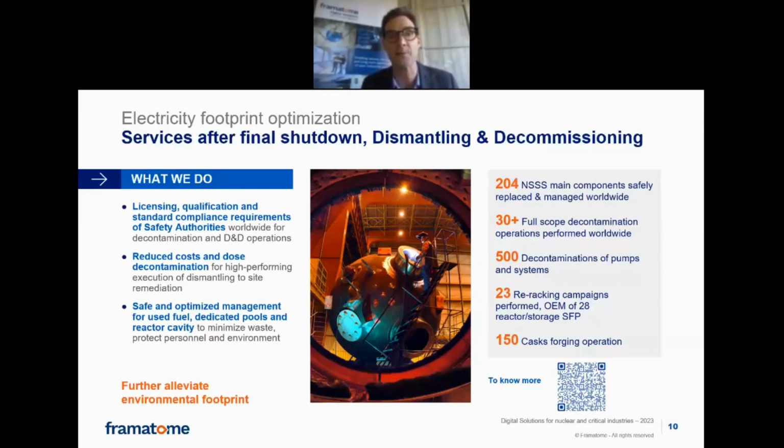So those are areas we will touch upon with 3 examples today, keeping in mind that they are taken from over 30 full scope decontamination examples that we have worldwide, that we are involved with worldwide. Examples of these in France are Fessenheim or Superphoenix.